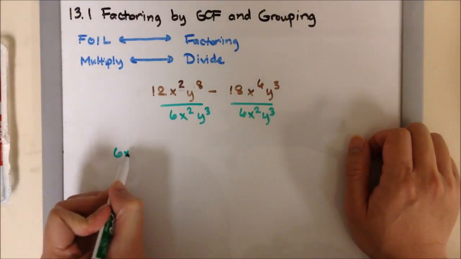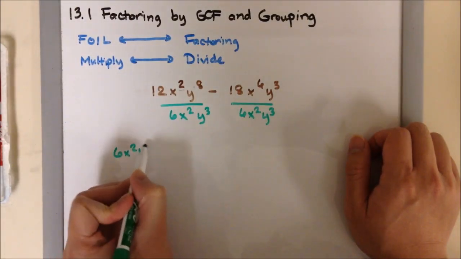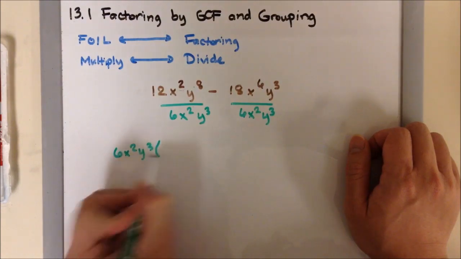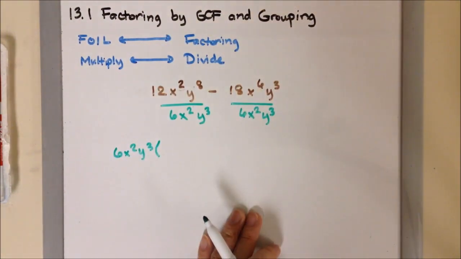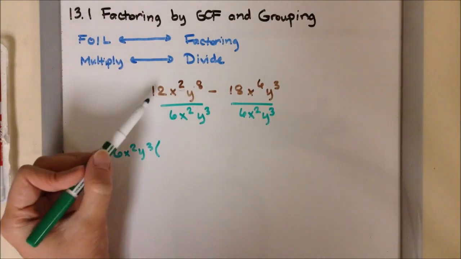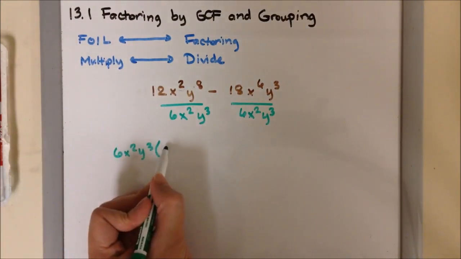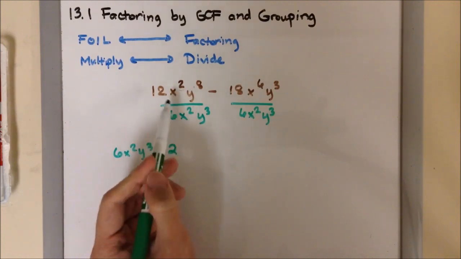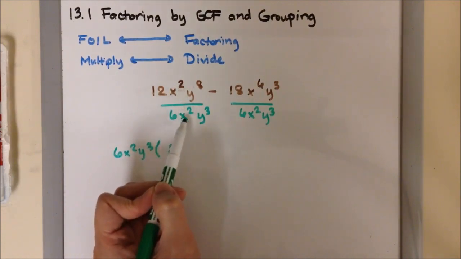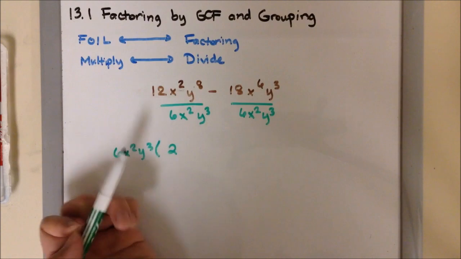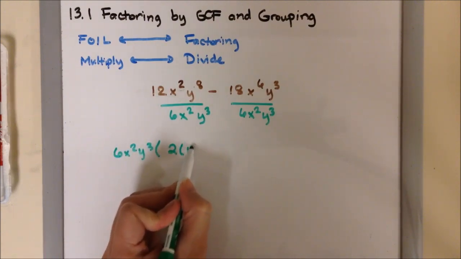So 6x squared y to the third, and then open parenthesis. So let's look at the coefficient. 12 divided by 6 will be 2. X squared divided by x squared will be an invisible 1, so I'll write it over here.